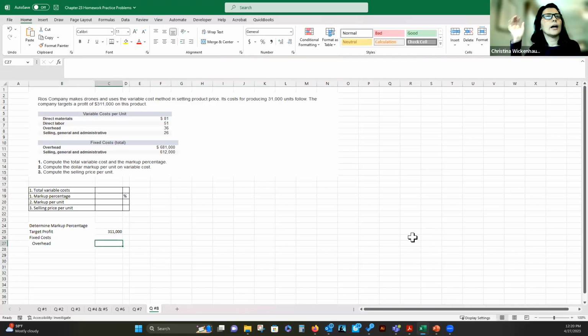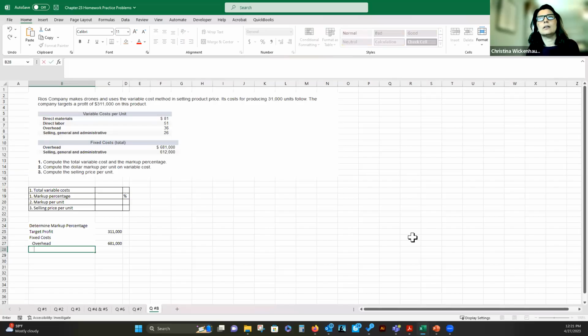So our fixed overhead is 681. And then we're going to take our SG&A, which is selling, general, and administrative fixed costs, which are 612.